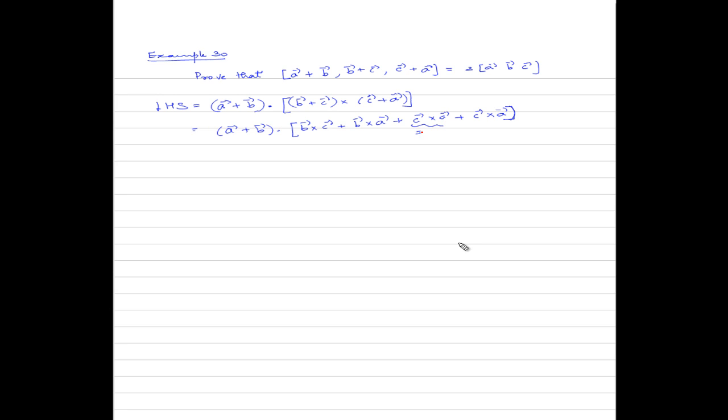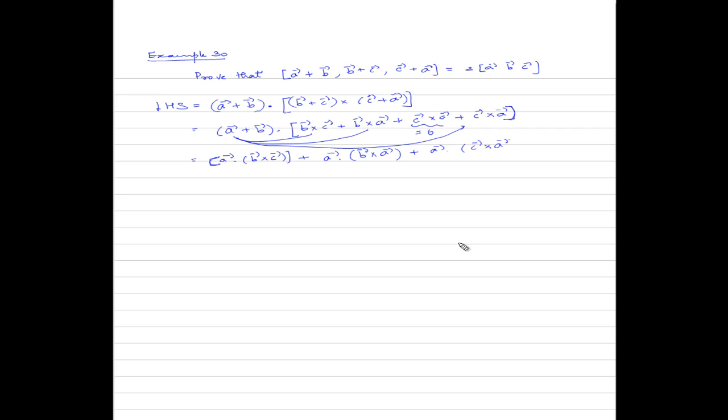Since c vector cross c vector is 0, because the cross product of the same vectors is 0, this is going to be a vector dot b vector cross c vector, because we are multiplying this with this, this with this, and this with this. So plus a vector dot b vector cross a vector plus a vector dot c vector cross a vector.